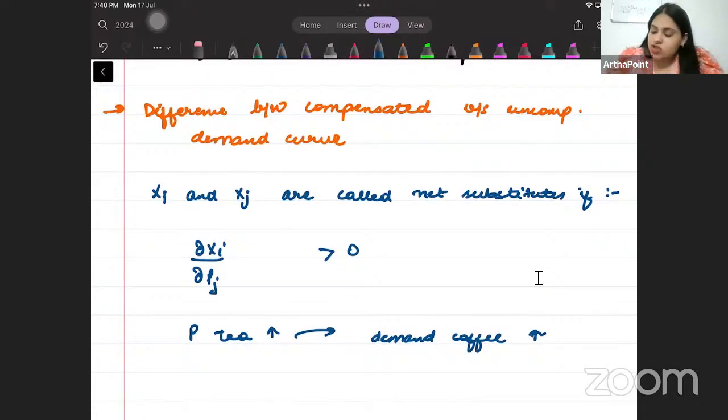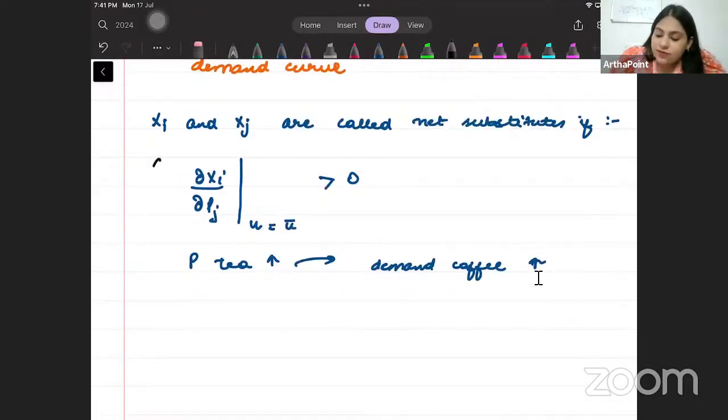It has changed because now I am saying holding utility constant, which means that now I am talking about compensated demand. अब मैं सिर्फ और सिर्फ substitution effect में चेक करूंगी जो हमने compensated demand curve बनाया था, the demand curve which only showed the substitution effect for the Hicksian demand, right?